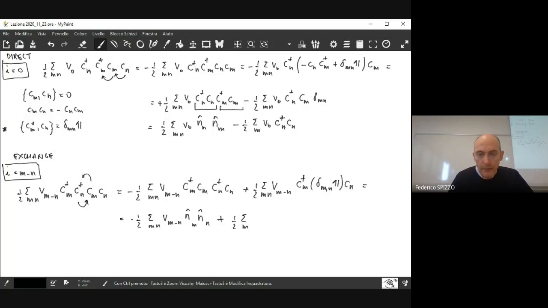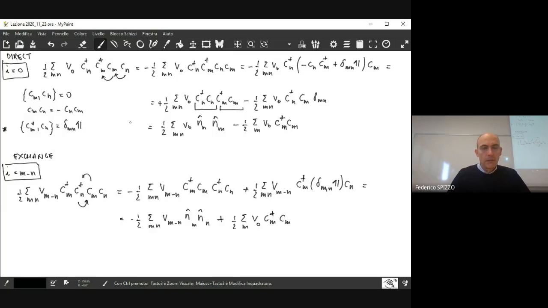Sorry, before I wrote m as an index of summation, but in this summation I left index n. So please just include here also index m for the operators, because the index of summation is m. So here we have v of 0 because m has to be equal to n. Then we have c cross m, cm.